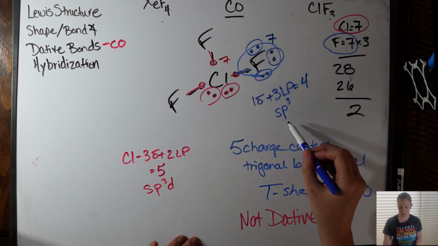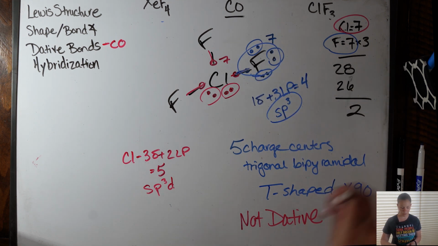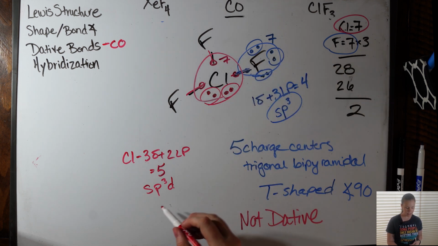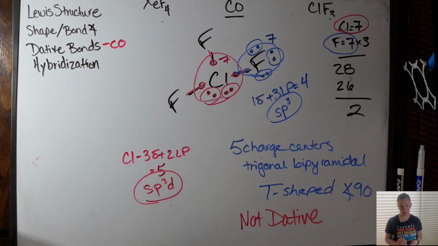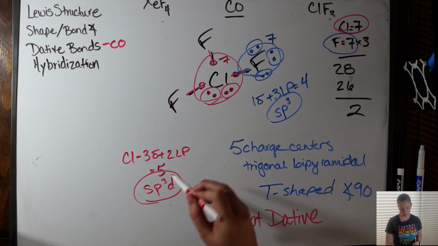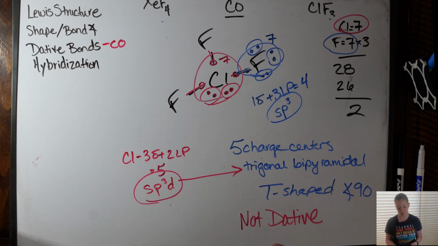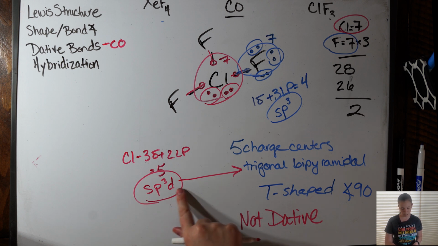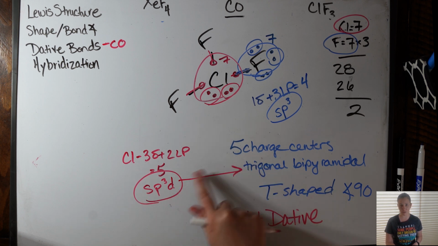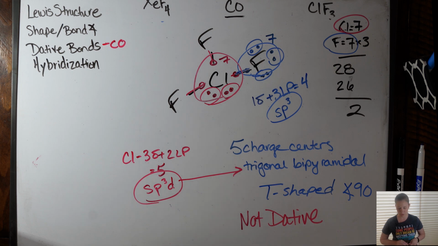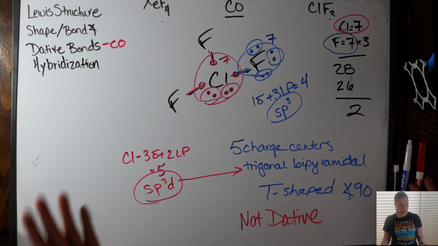So the fluorine is sp3 hybridized, whereas the chlorine is sp3d hybridized. That central atom hybridization is kind of what drives the shape here too. So you want to make sure that you have 5 orbitals when you have 5 charge centers. You can kind of use that to check yourself. Nice little trick.